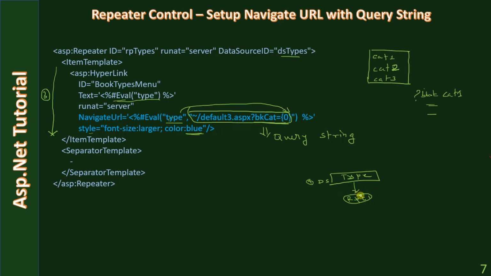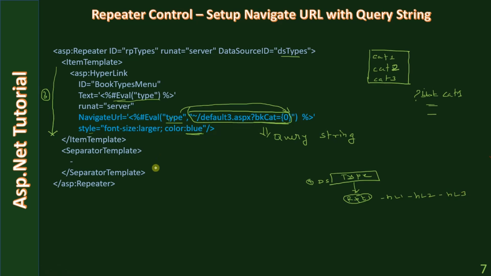For repeater 1, the type is setting the data, and using this repeater control we are forming the hyperlinks: HL1, hyperlink 2, hyperlink 3, right?